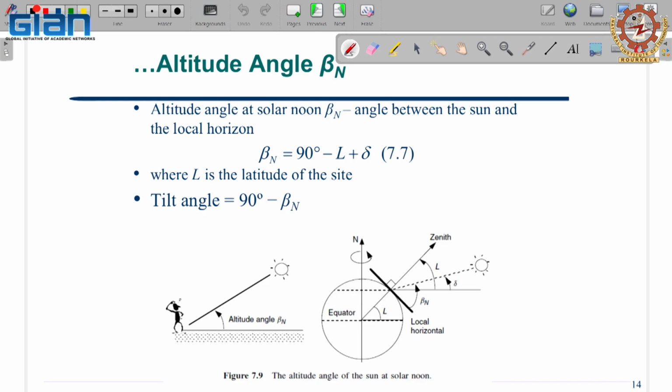You can see here that the altitude angle beta is given by this equation: 90 minus L plus delta, where L is the latitude and delta is the declination angle. And then from here you can find the tilt angle, that is, at what angle you are going to place the PV panel. So the tilt angle will be 90 minus beta n.